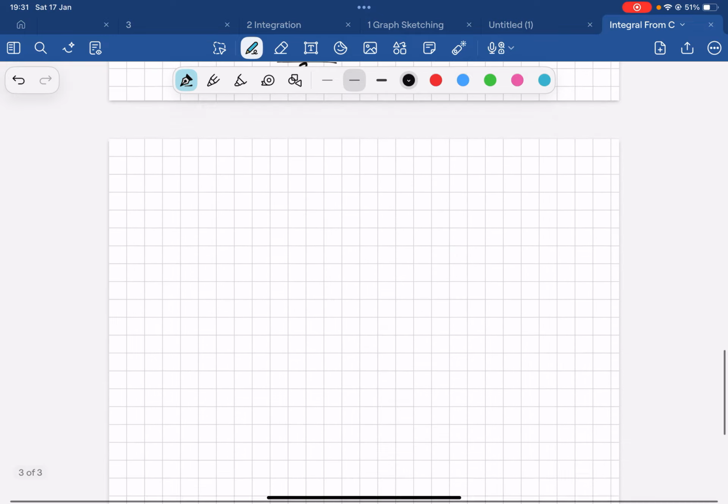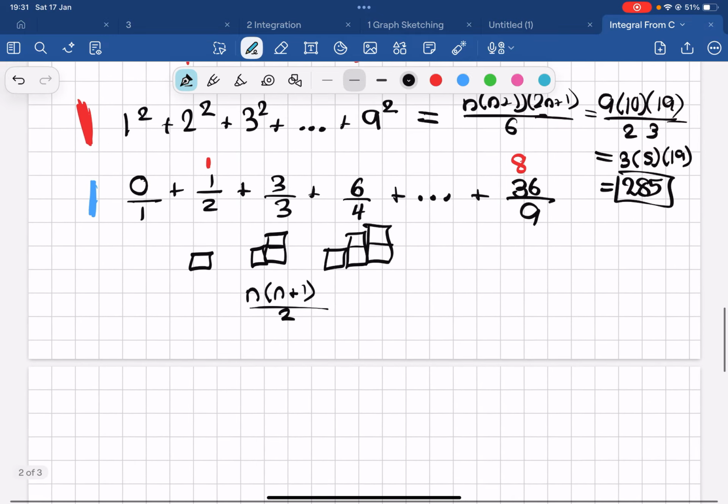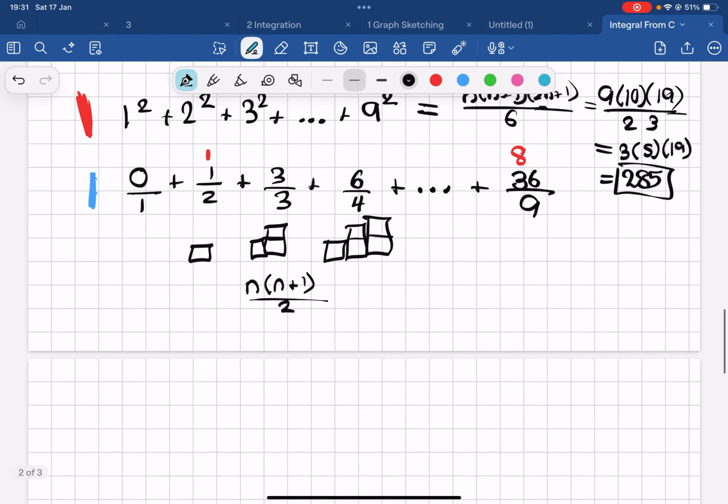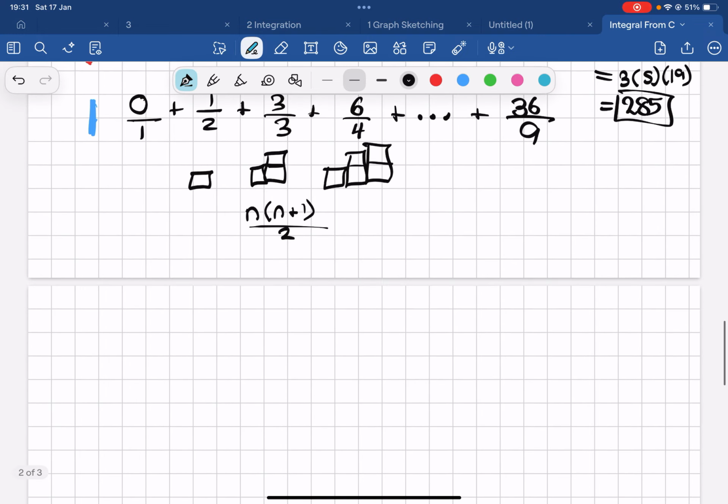Now we've got a trickier area. We've got the sequence 0 over 1, 1 over 2, 3 over 3, 6 over 4, up to 36 over 9. We've got 9 terms in total. We know our first and last term, so we can use the sum formula: n over 2 times a1 plus an.